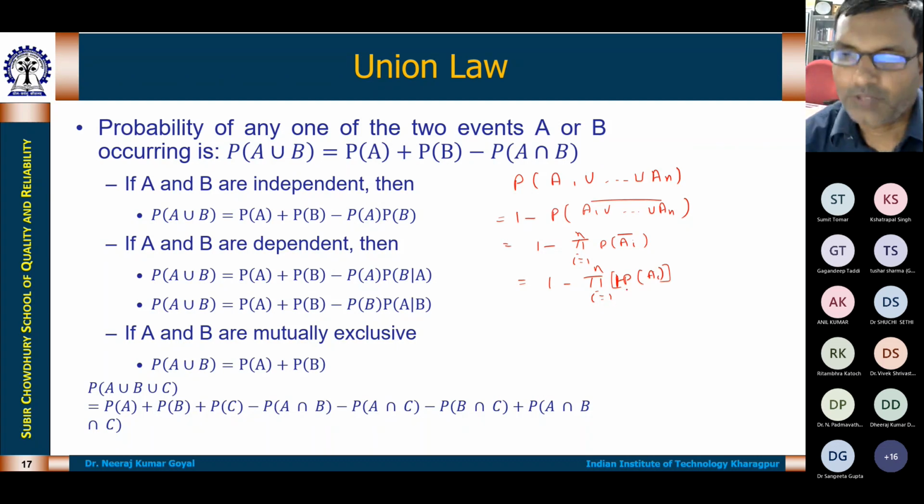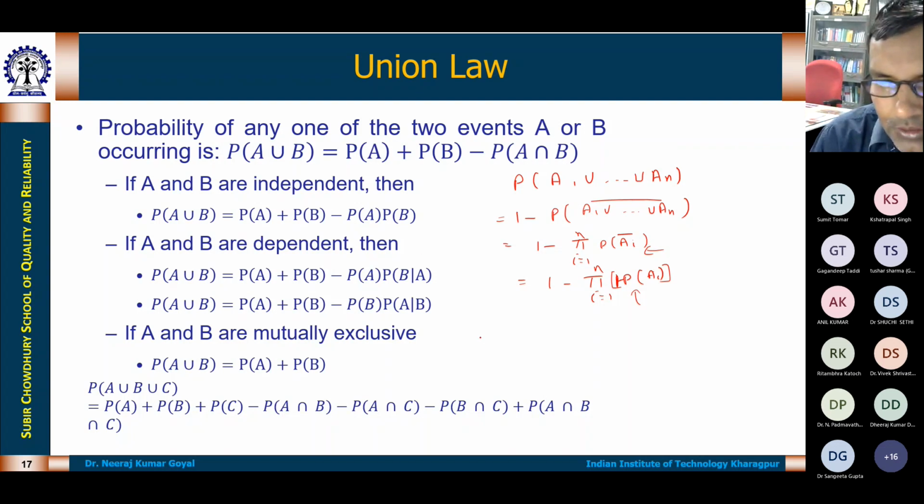What is probability of A i bar? This is nothing but unreliability. So if I want to calculate reliability, I'll change it to unreliability, then multiply, then subtract from 1 to get the system reliability.